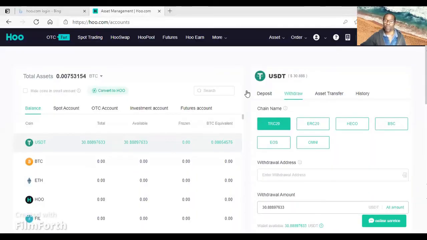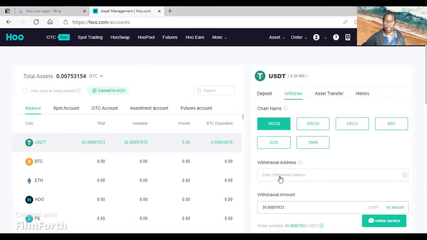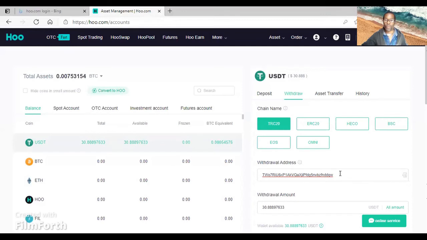So we're back. Like I said, the address that you copy from Binance, you just put it here. So you paste it here.